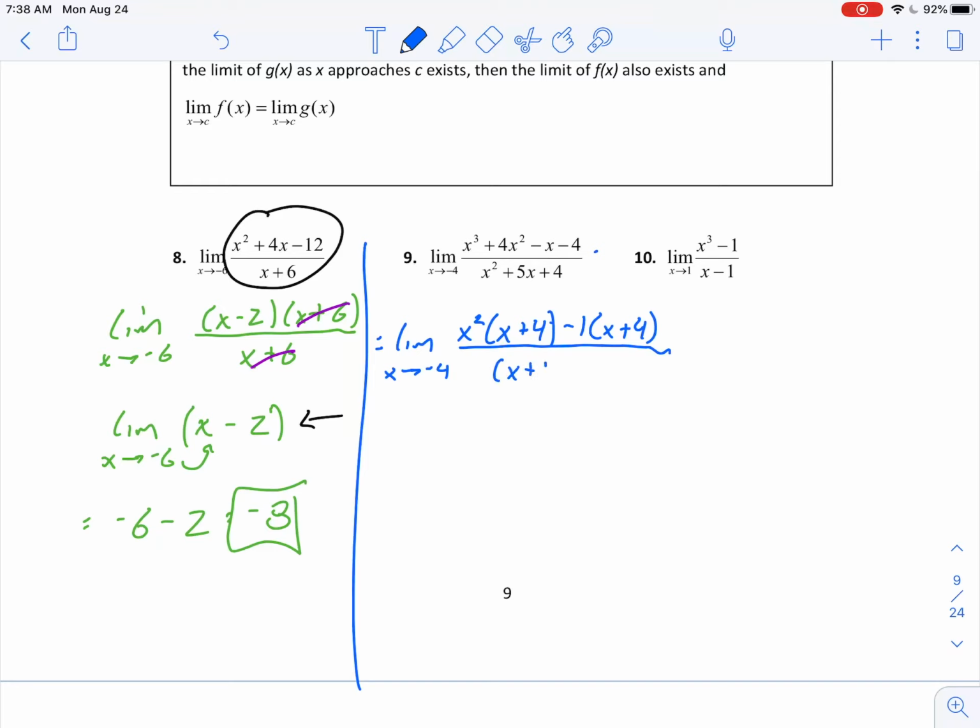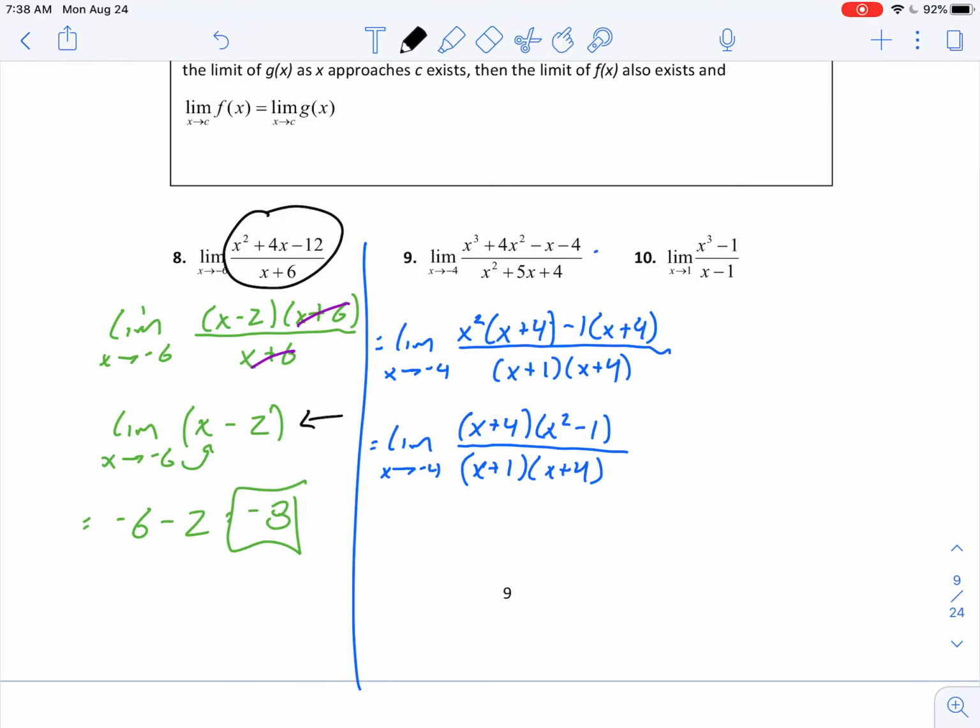On the bottom, x plus 1, x plus 4. So I have the limit as x approaches negative 4 of x plus 4 times x squared minus 1 over x plus 1 times x plus 4.